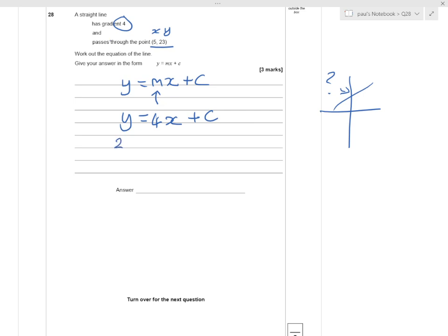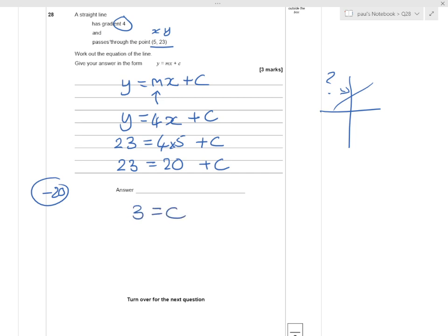So the y is 23 and the x is 5, so that's 4 times 5, and then plus c. So 23 equals 20 plus c. Now a bit of algebra, let's take 20 away from both sides, so that will be 3 equals c.